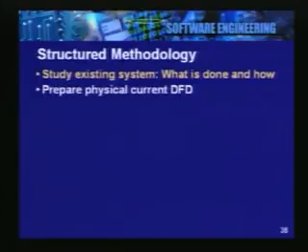So, we start by studying the existing system, we understand the sub processes, we try to find out what is done and where and how it is being done. So, the beginning point is the existing system.